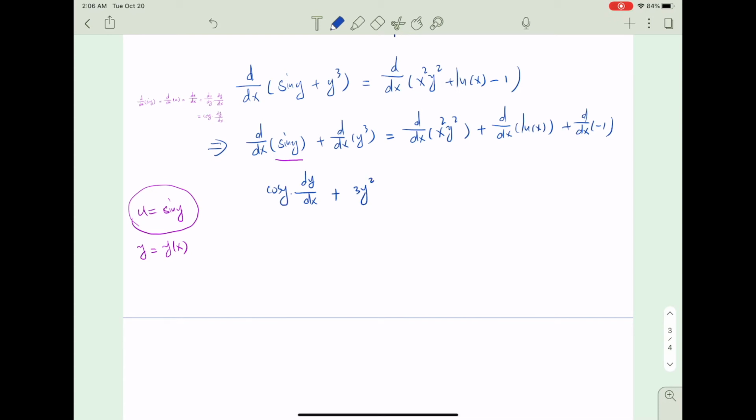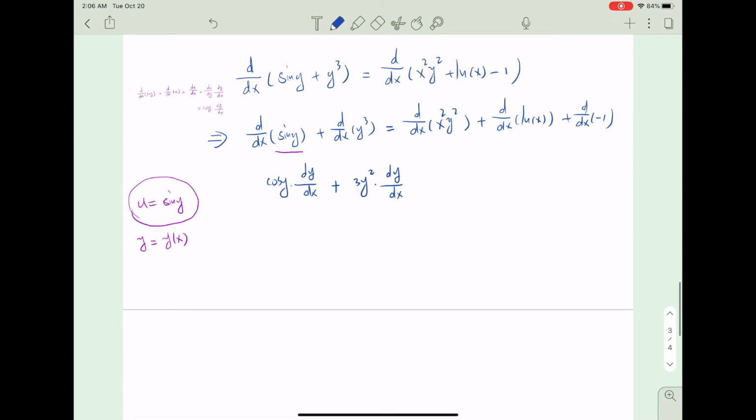But since this derivative is with respect to x, not with respect to y, we're going to look at also the second layer, which is the derivative of the inside layer, right? This y of x, so dy over dx. That's where this comes from, the chain rule. And now on your right hand side you have this thing, right?